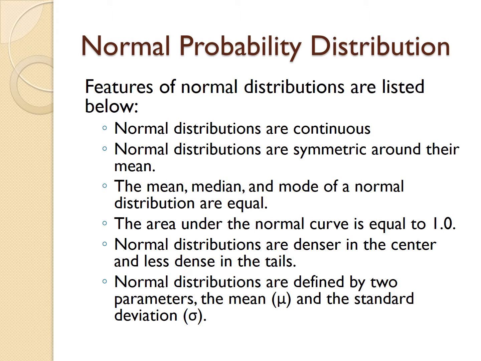Normal distributions are denser in the center and less dense in the tails. They are defined by two parameters, the mean and the standard deviation.